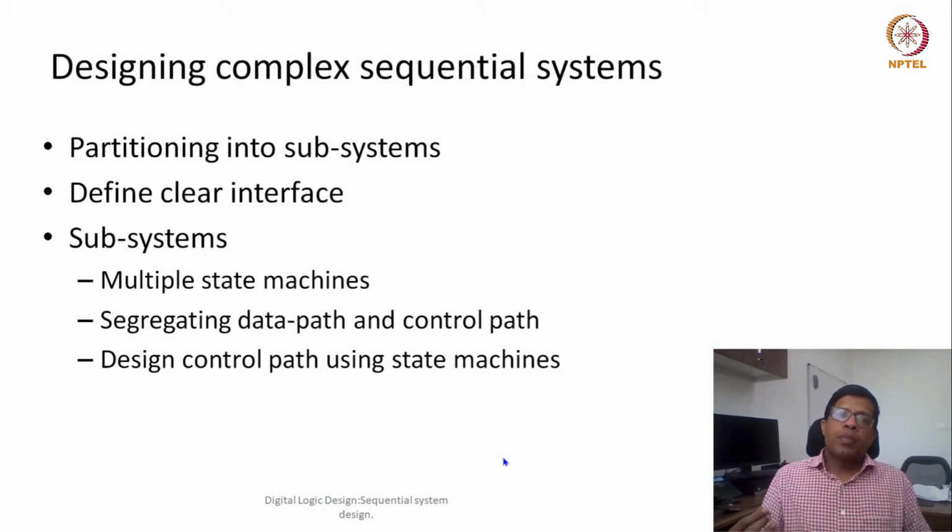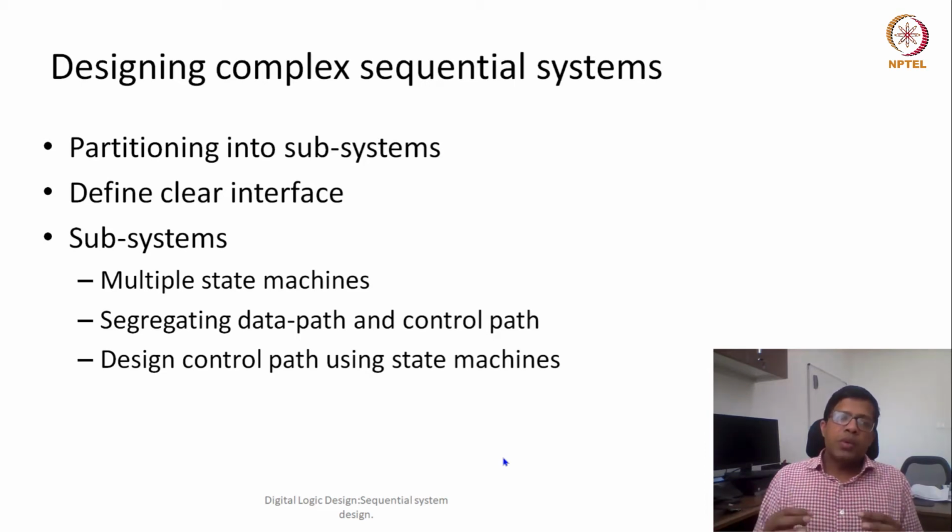Now this particular question: if we have to design a complex system, most complex systems are going to be sequential systems, so I am writing complex sequential system. If we have to design a complex sequential system, how should we start?